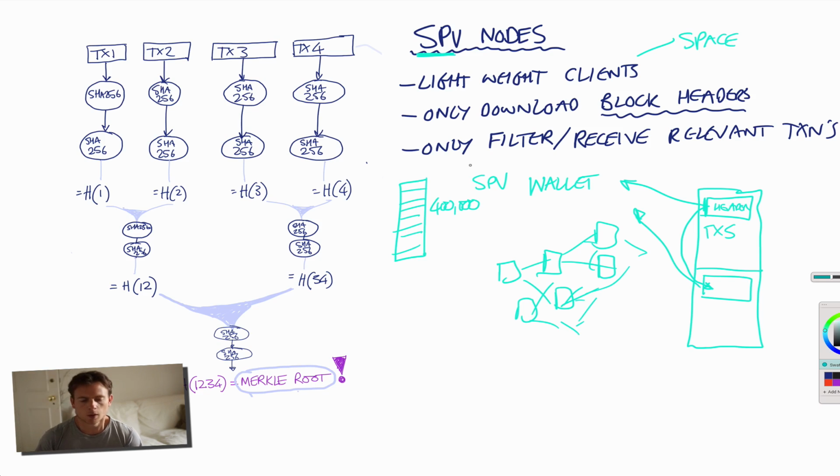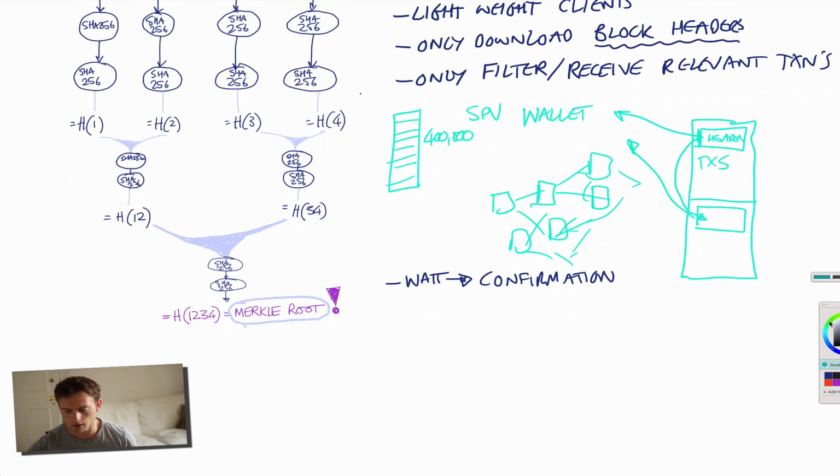But let's take a very important use case here, which is that an SPV node, a device that has just received a Bitcoin payment, let's say they want to wait for confirmation that a particular transaction they've just done has been validated, has been in the blockchain.